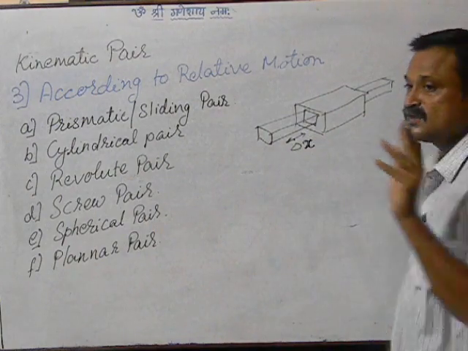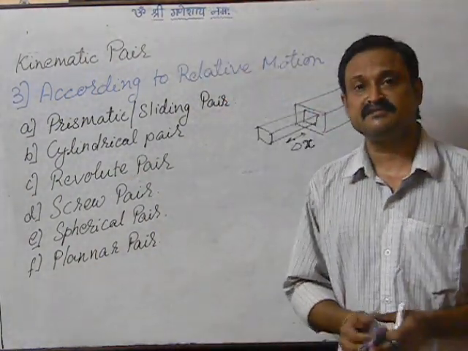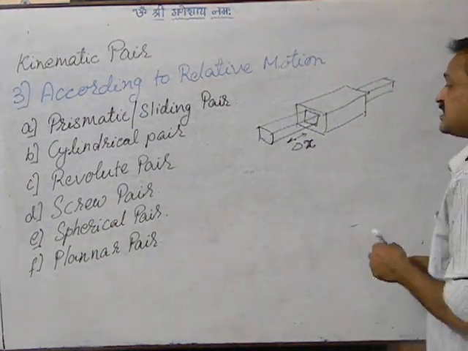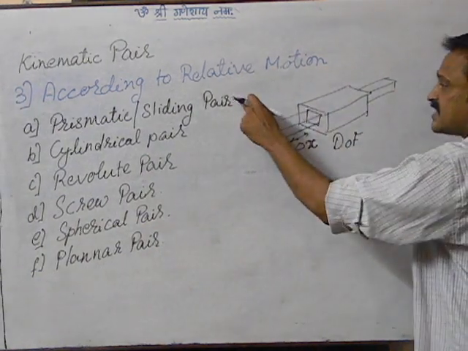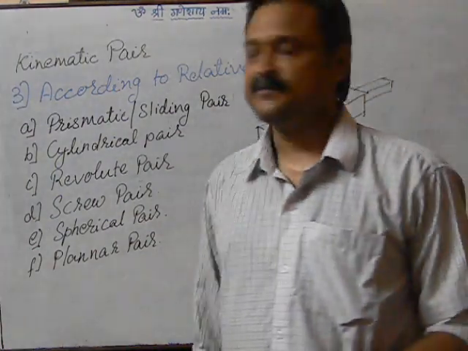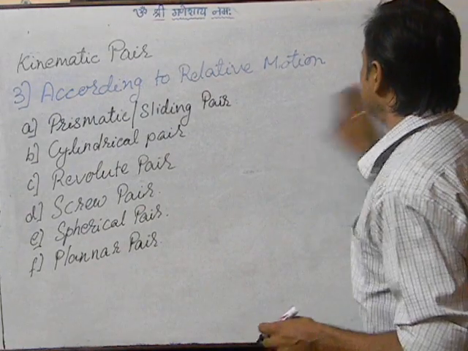In this case I'll say that the degree of freedom of this sliding pair will be 1, right? So these are called the prismatic pairs or sliding pairs.